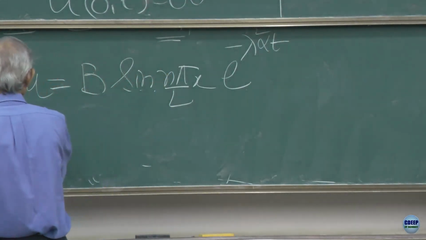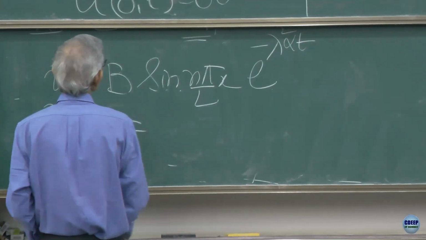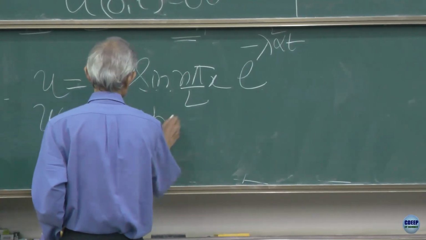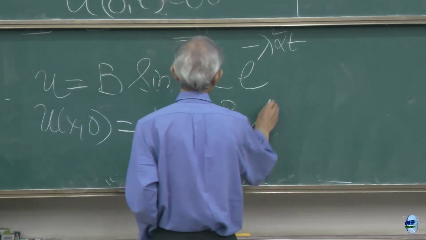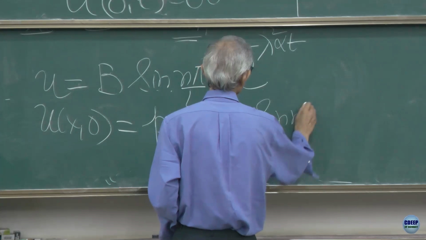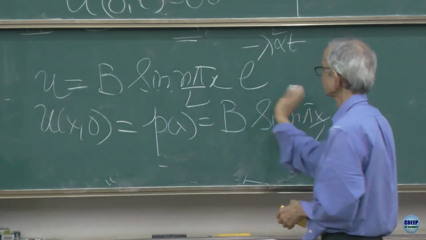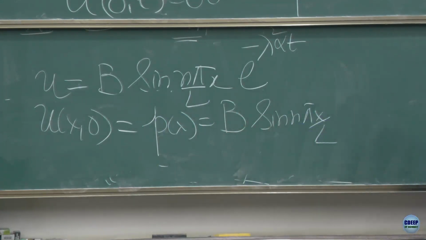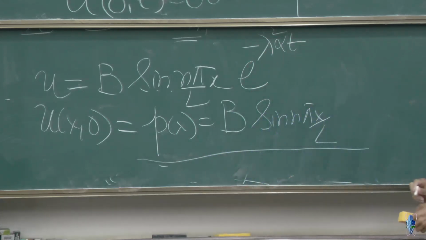So u at all x, time t equal to 0, is equal to some p of x, is equal to some b sine n pi x by L, and this guy becomes equal to some constant, so we'll absorb it in that b. So u is equal to this.